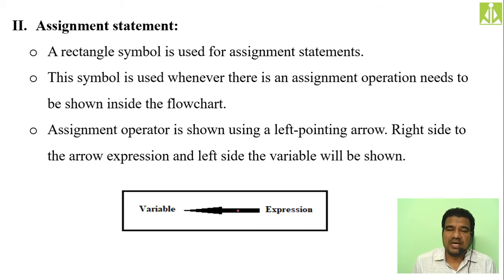Inside that rectangular box, whatever variable is receiving the value, we put that variable on the left hand side, and whatever expression or value you are assigning to that variable, we put at the right hand side.